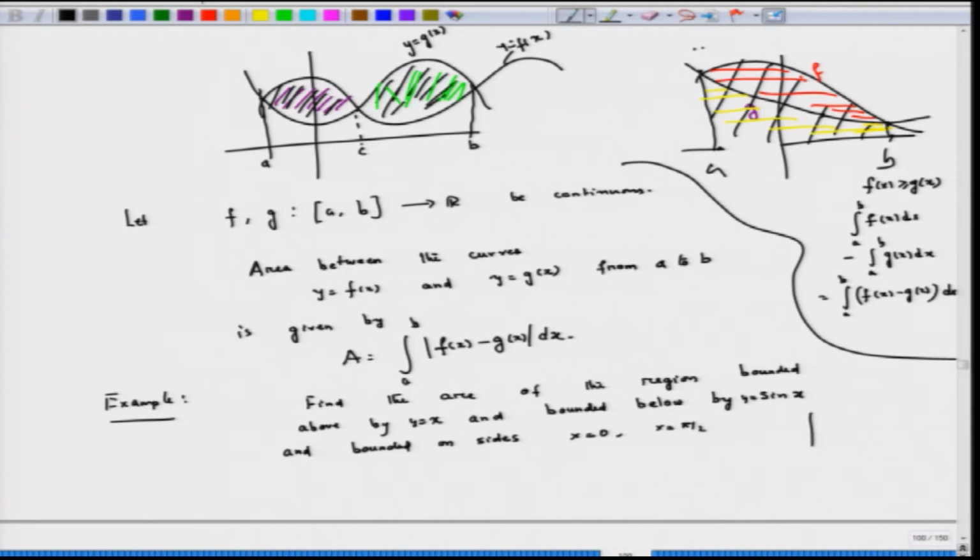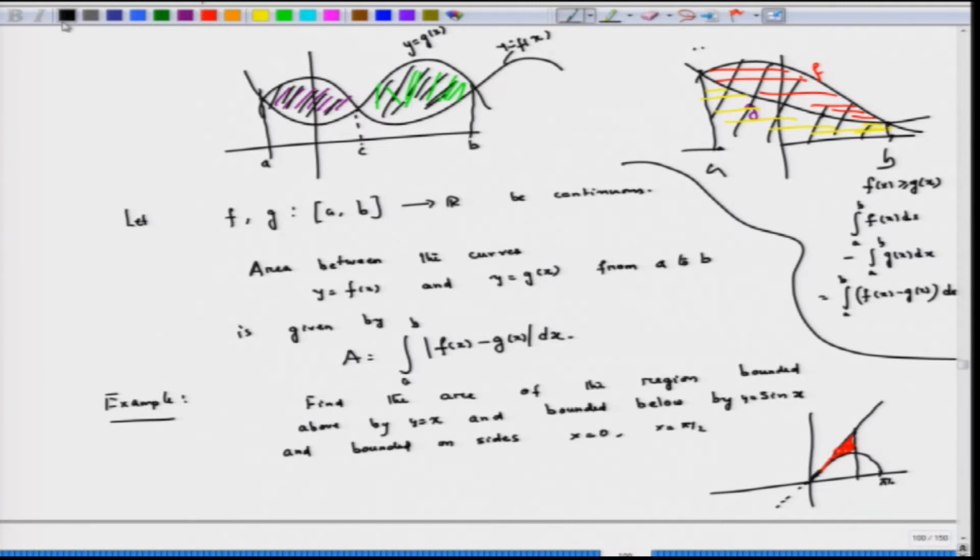So, now this is y equal to x, and if this is pi by 2, then our sine curve will go like this, and at pi by 2 it is going to be 1. So, what we want to find is basically the area of this region.